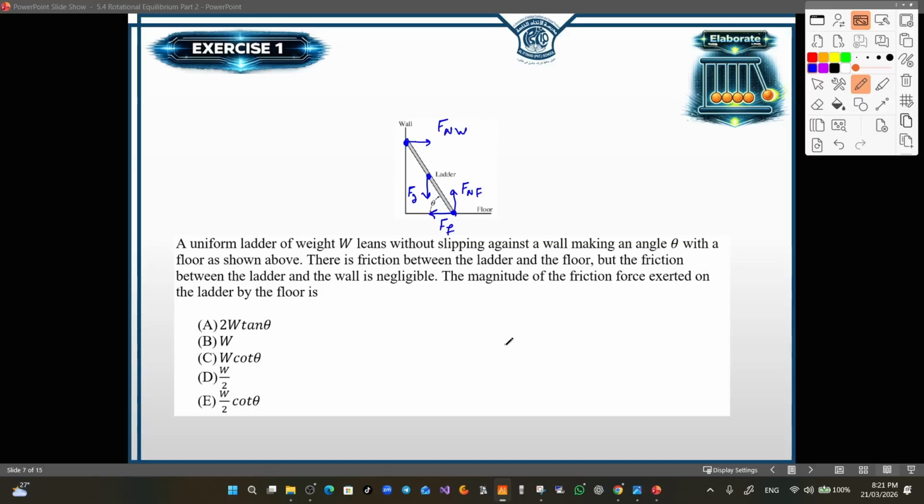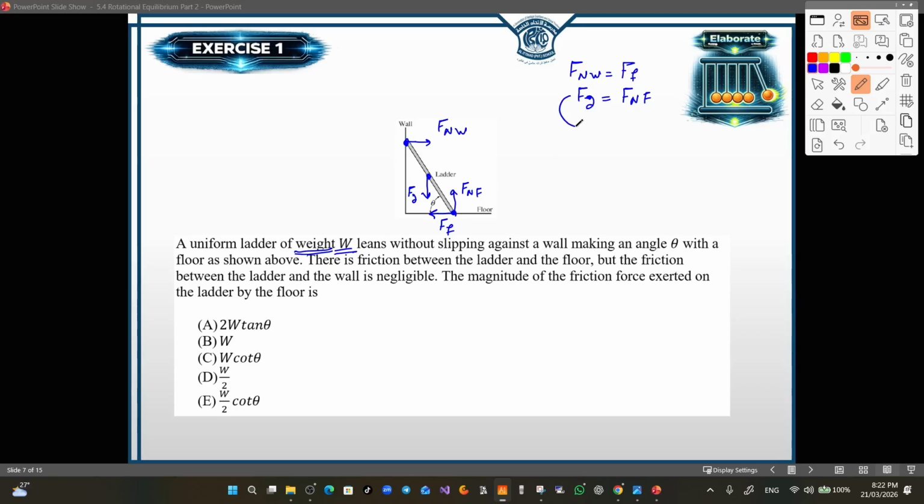Now let's apply the translational equilibrium. Left equals right, so we can say that FNW equals FF. Up equals down, so the force of gravity equals the FNF. Now remember that the force of gravity has another notation, which is W, and we call it the weight.